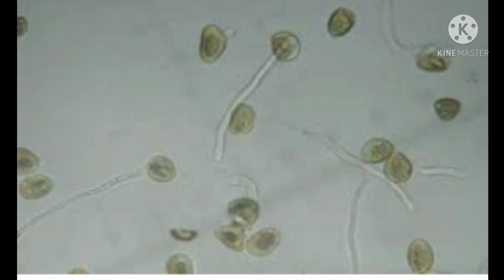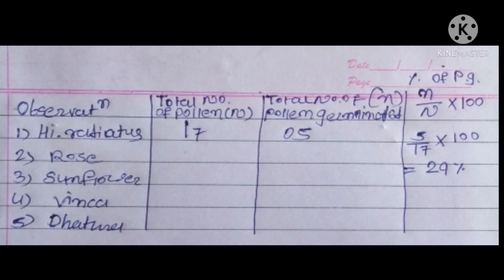Then calculate the amount of germinated pollen grains with pollen tubes, which you can observe in this slide, and then fill up all the information in the observation table like this.